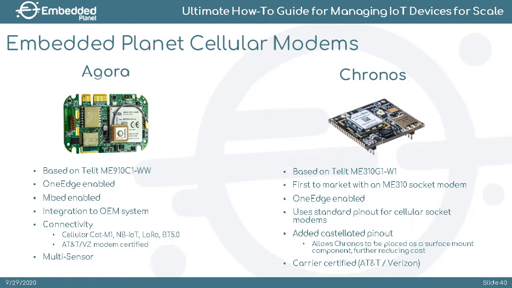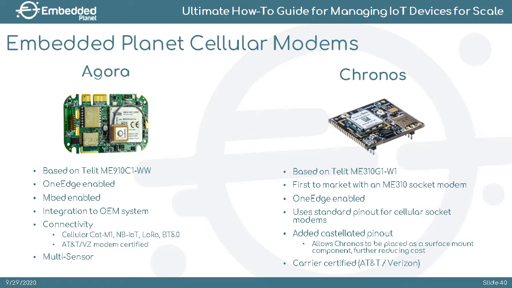So more on the Agora. Agora is, like I said, based on ME910 C1WW, OneEdge enabled out of the box. It's quickly integrated into current systems via the Tectonic Edge, which is up at the top side of the modem, or we have a dual 10-pin on the bottom that can plug into a board.